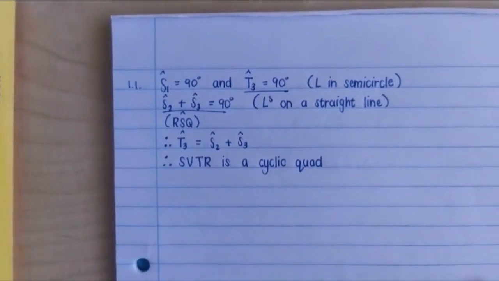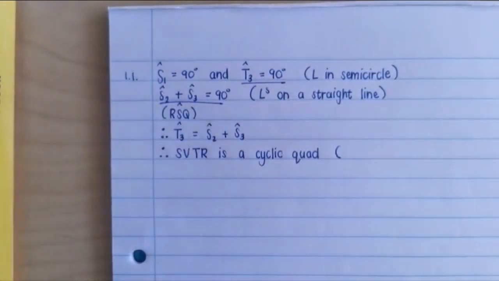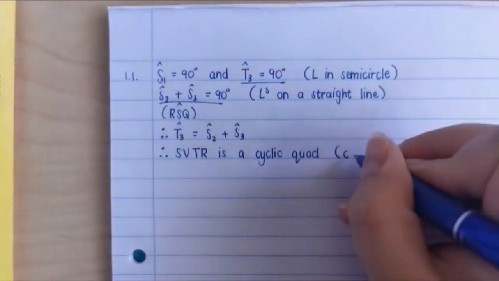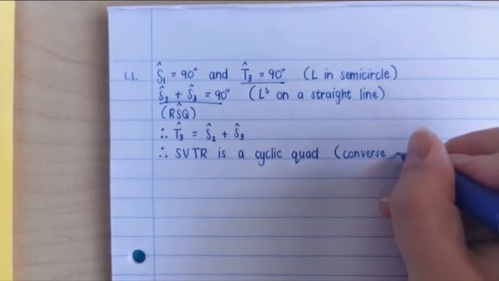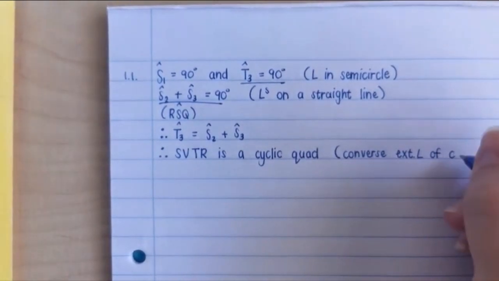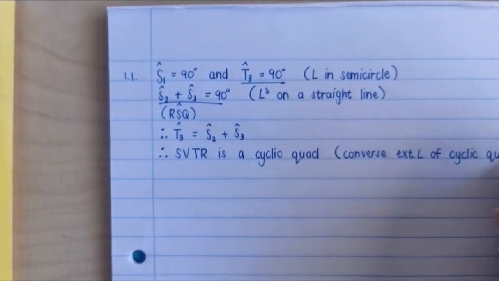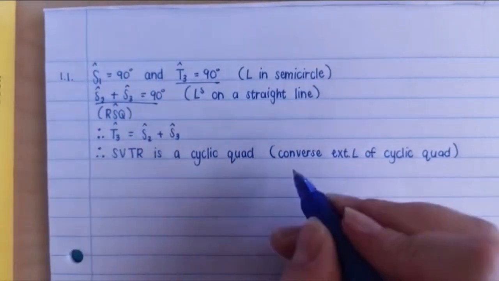So when we are doing that, we're going to write the same reason as if it was given that it was a cyclic quad, but we're going to say converse in front of that reason. So converse exterior angle of cyclic quad. Let me just move that up. It's a bit off screen like that. Converse, that is very important.